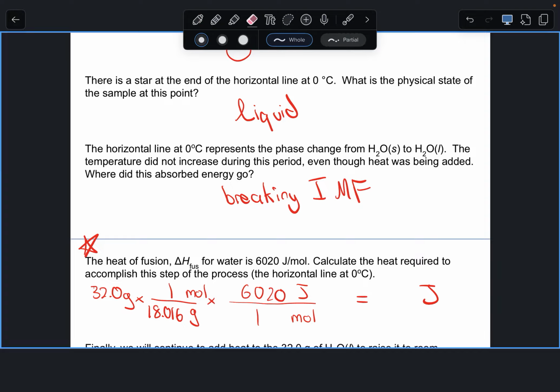And that is a big number. The other one was like 1,100. This is 10,600. Phase changes take a lot of energy. Temperature change, sure, but phase changes, that's a lot of energy. And this isn't even the liquid to gas. That one's way more energy.